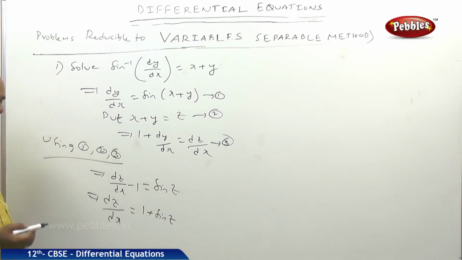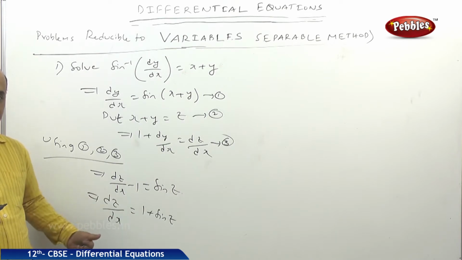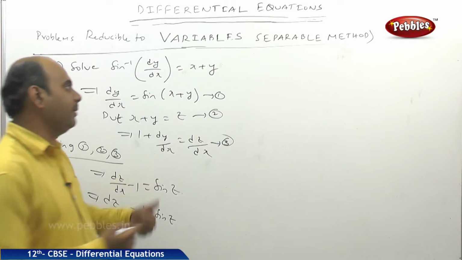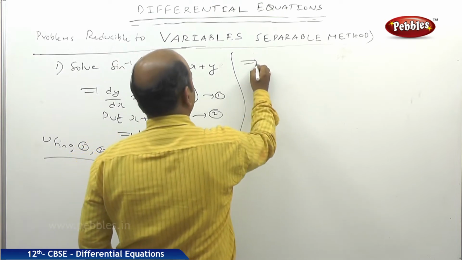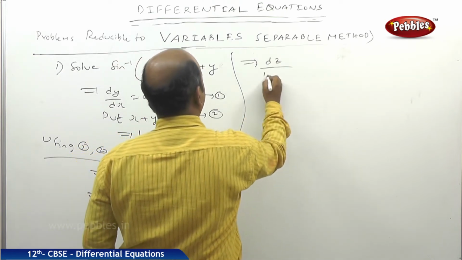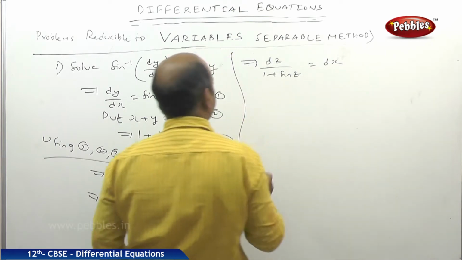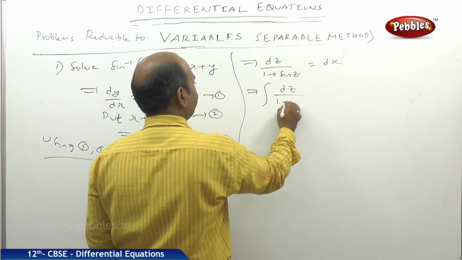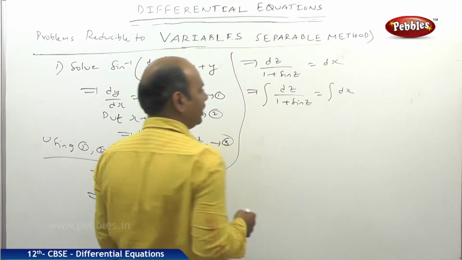So our problem has been reduced to dz/dx equals 1 + sin z. Now it is easy for us to go by the variable separable method. That implies dz/(1 + sin z) is equal to dx. So integrate on both sides: the integral of dz/(1 + sin z) is equal to the integral of dx.